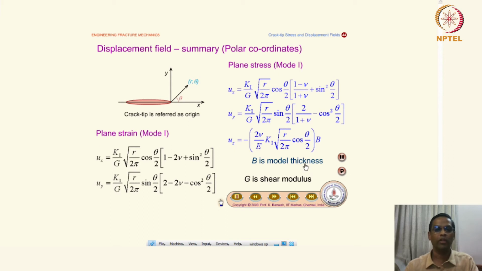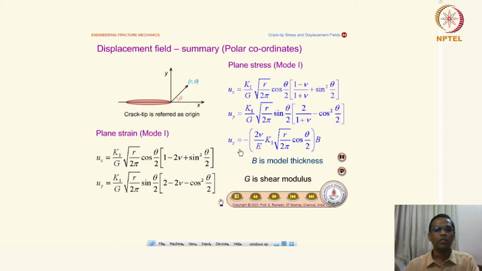So for the plane stress, the displacement is three-dimensional. In fact, we have looked at this in the earlier basic equations also. When we write the stress tensor for the plane stress and plane strain, we have realized that this is true.